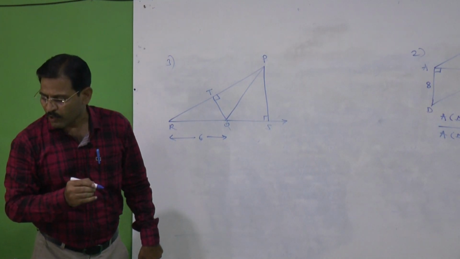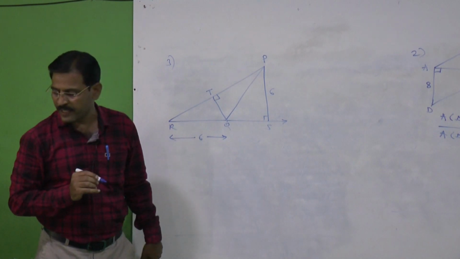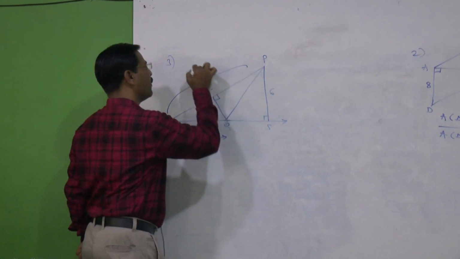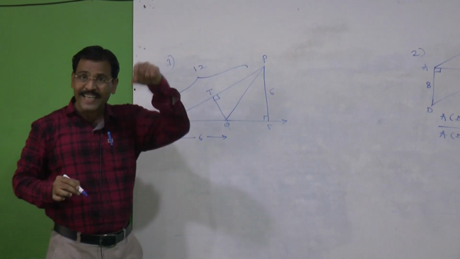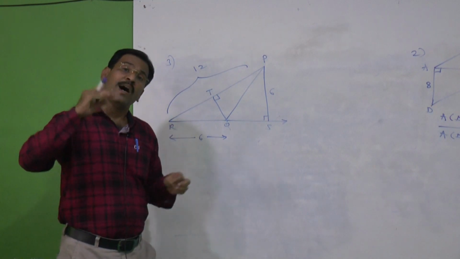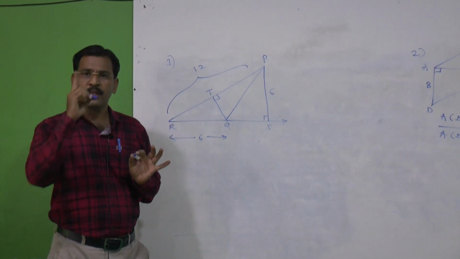Okay, now what about PS? This PS, which is the height, they have given us 6 here. Okay, what about PR? This full PR is given, which is 12. From this information, we are going to find this QT. Look here, how we can apply it. Very simple actually.